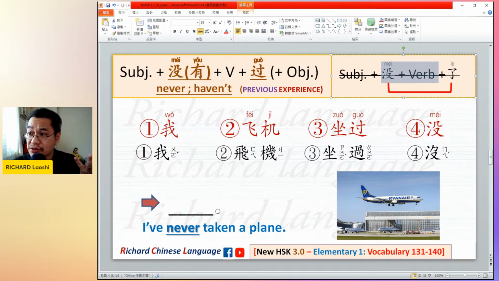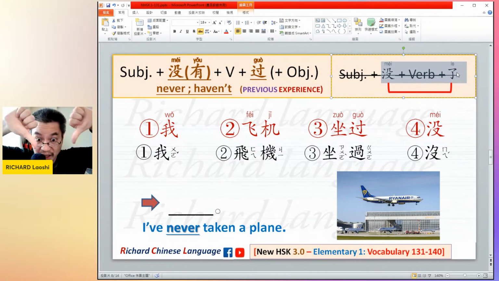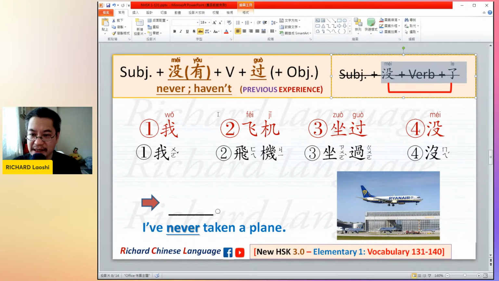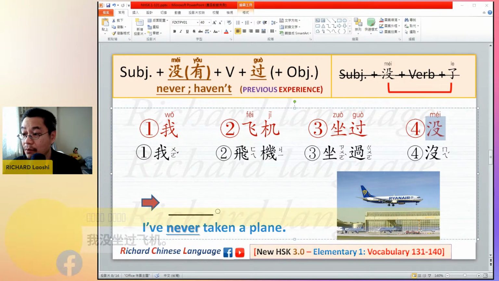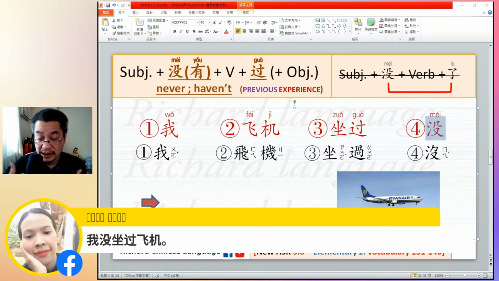Since you don't do the verb, you have never started any action. So we never ever use 没 verb 了. Okay, so tell me the answer. 我没坐过飞机. Very good. 我没坐过飞机 means I have never taken an airplane. Very good, very good.